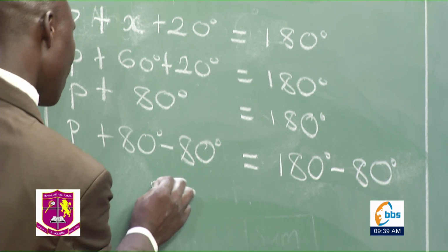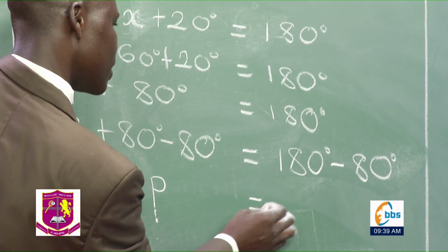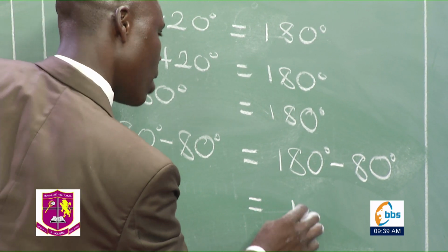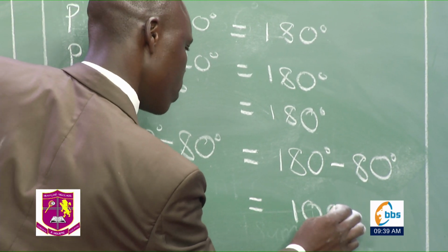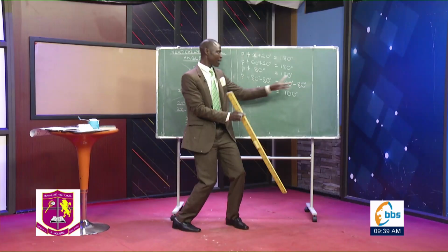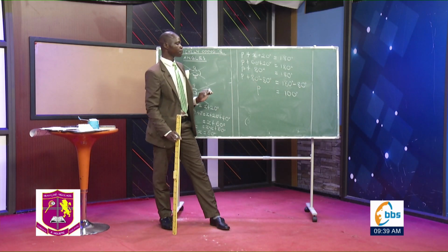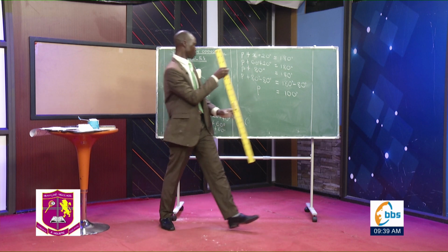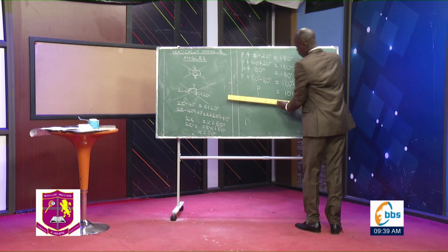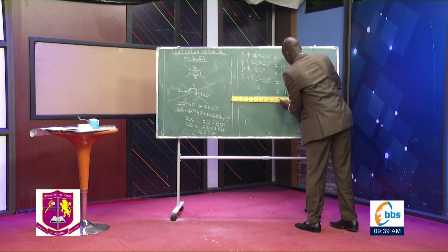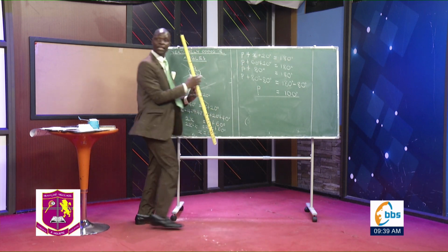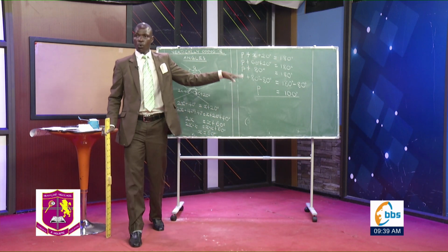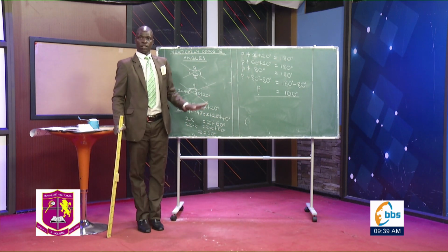Our p alone gives us, when I subtract here, I'm very sure I'll get 100 degrees. If I'm not very sure, I can as well work out from a side. Therefore, our value of p is going to be equal to 100 degrees.